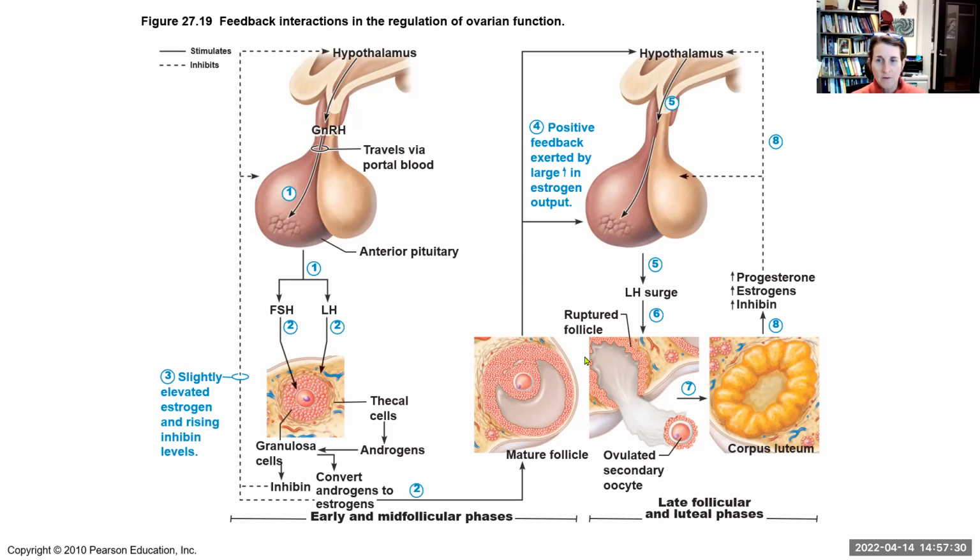There are a lot of those follicles that remain. And remember, it's the follicles that are making most of the estrogen and progesterone. We haven't talked about that one yet, but it's in there too. And so a lot of that remains, and after ovulation, those cells form this thing called the corpus luteum.